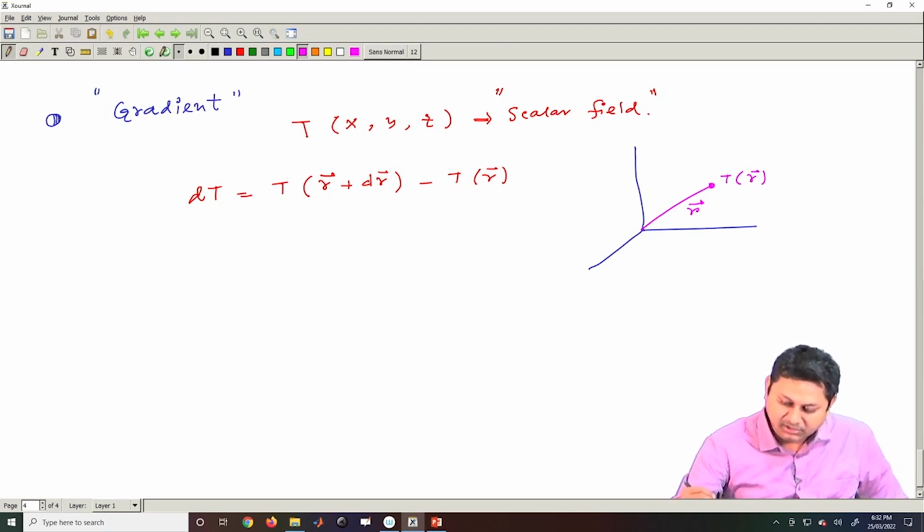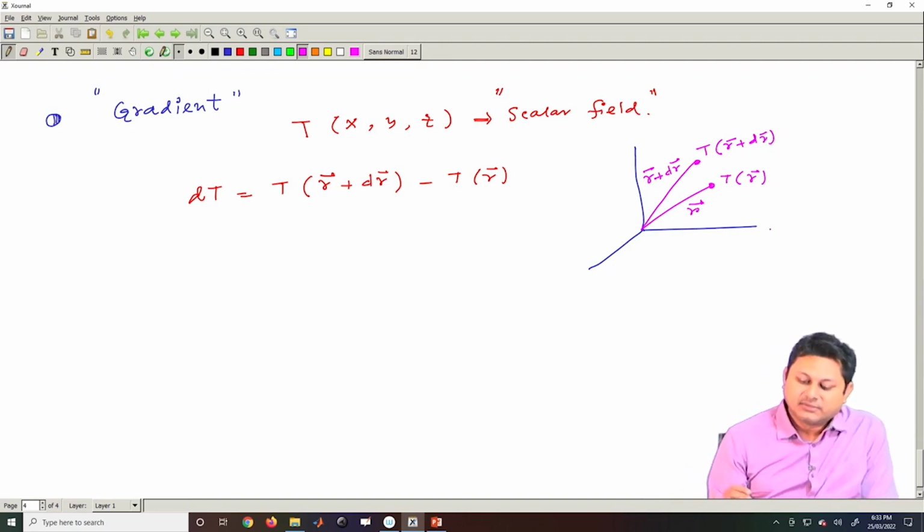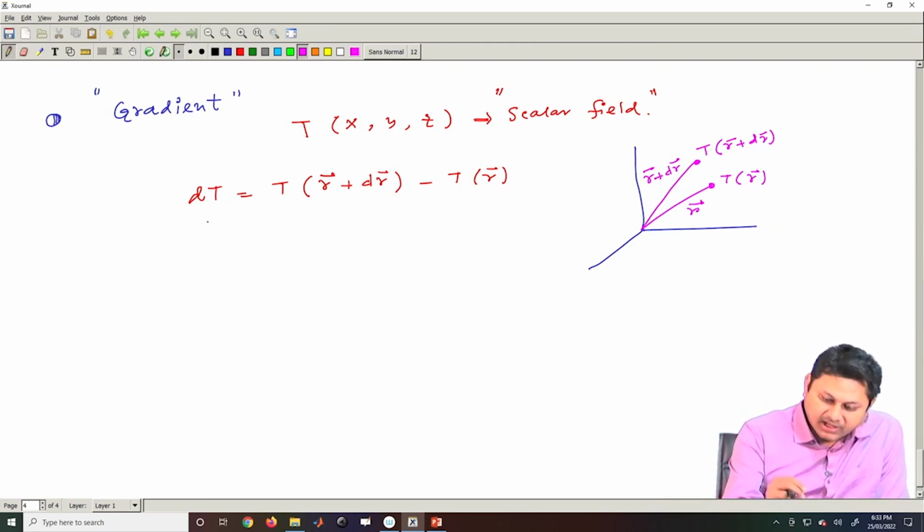And here this is r plus dr, and T here has this value. So, two different points, two different scalar values, but the change here is dT. Now, what is r here? It is a position vector. We know how to define a position vector; in the very first class we defined that.